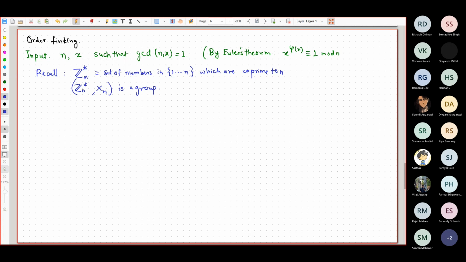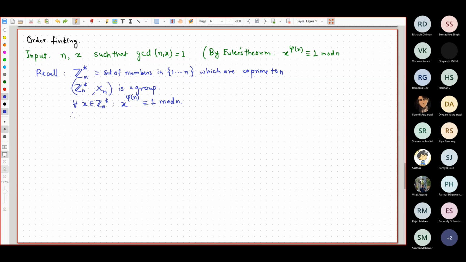And moreover, we know that for all x in Zn star, what do we have? We have by Euler's theorem x to the power of phi of n is equal to 1 mod n, right? And then therefore there exists some r.